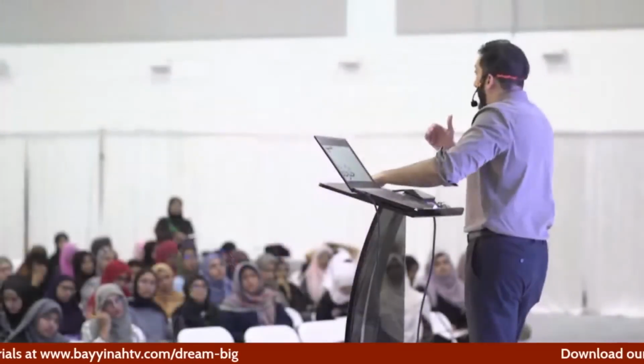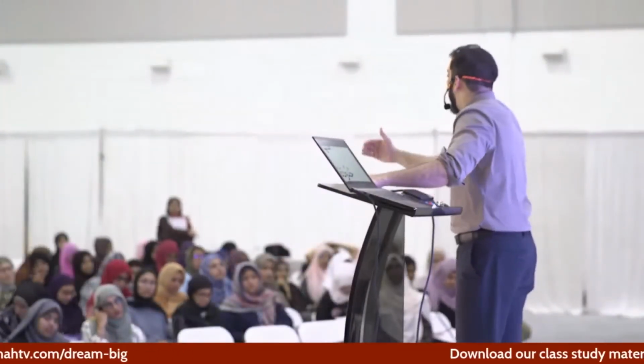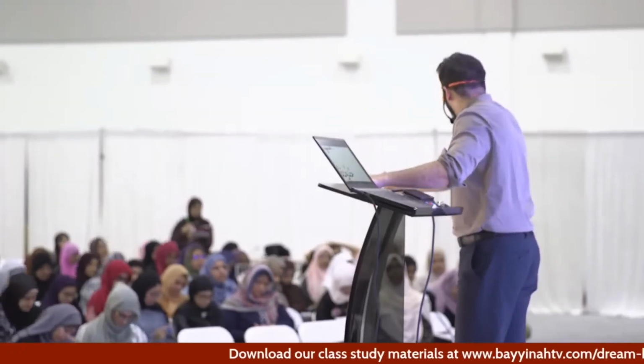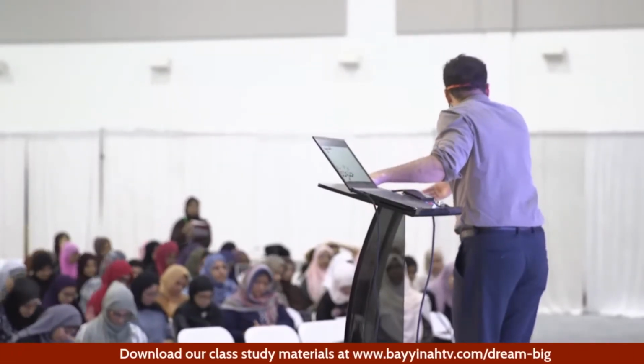So we're going to say His prescribed boundaries, His set boundaries, meaning He's the one who set them. Okay, so we'll add the word prescribed just as a precaution so no one misunderstands what we're saying when we say these are the boundaries set by Allah. So His prescribed boundaries.